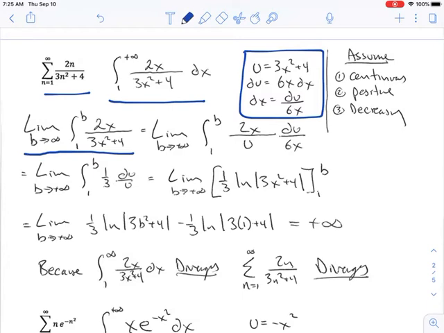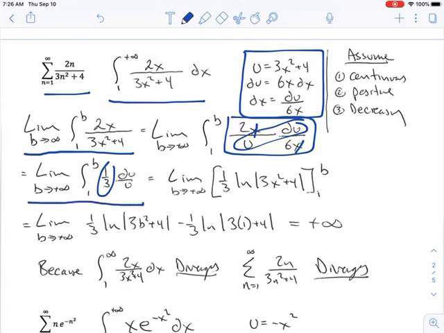And so I substituted all that stuff in here. The x's will cancel out. The 2 and the 6 becomes a 1/3. And then we end up with du over u, which is going to be a log problem.